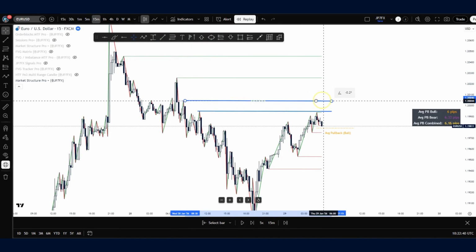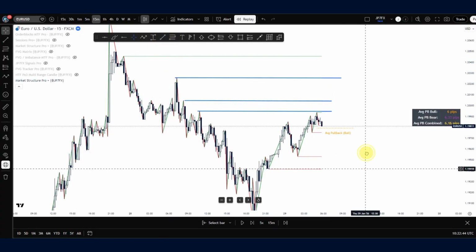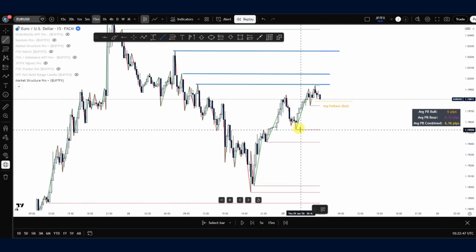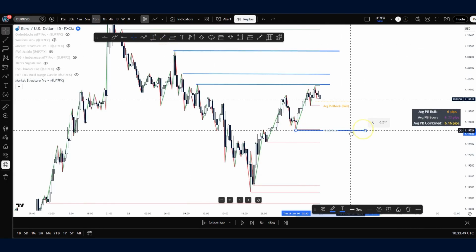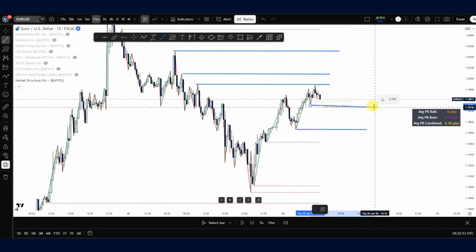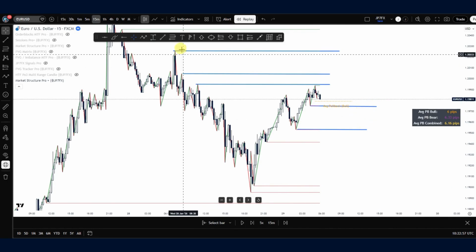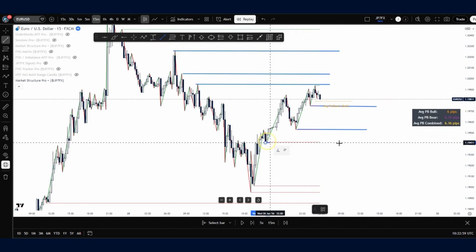After, I will look to see what else we have in terms of structure, but for now I just mark these short-term levels out. And bear in mind, I trade on the 1 minute, so I'm not looking to hold trades all the way down to the bottom or to the top. I'm just looking at where I can potentially get in to trade.